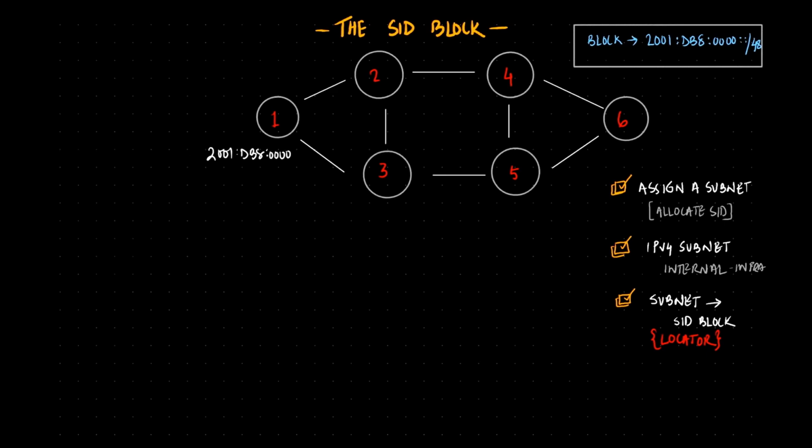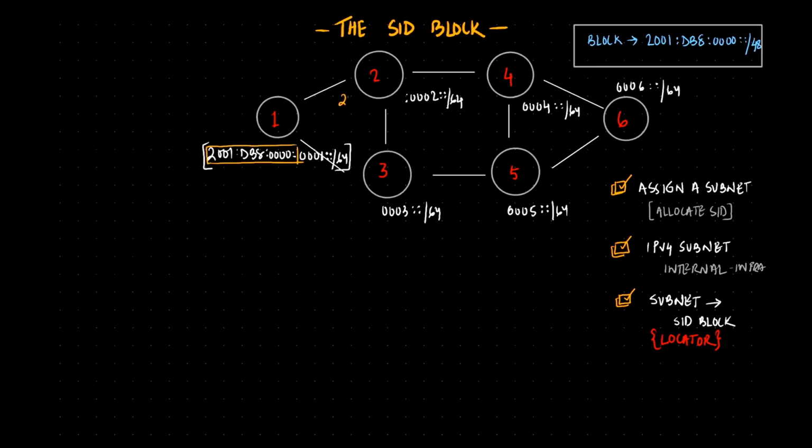For example, I will use this block, and then I will use a node ID to make it unique with respect to router 1. Similarly, for router 2, I'll assign 2. Router 3, I'll assign 3. You can assign anything, but it should be unique to that particular router. So we have a block, and based on this block, we have a node ID, which makes it unique.